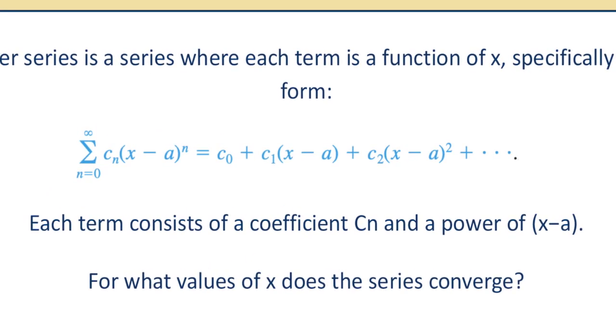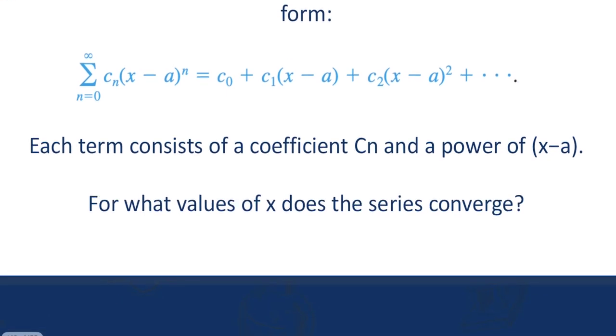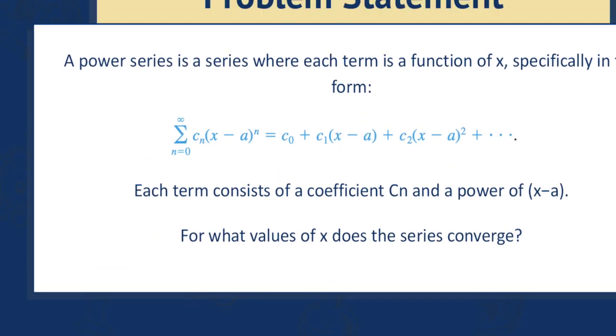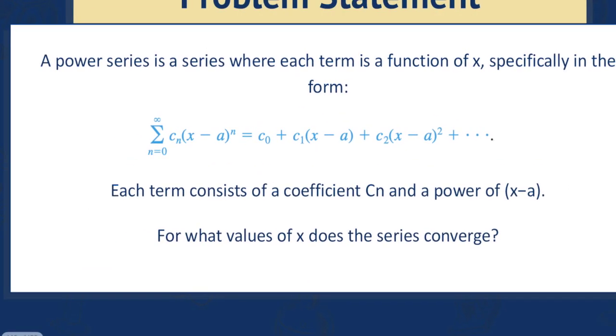So unlike regular series where we just add up numbers, here each term is a function of x and it is written in this form, where Cn are the coefficients, a is the constant, and x is the variable. So the big question we always ask is, for what values of x does this sum actually make sense? And that's where convergence comes in.